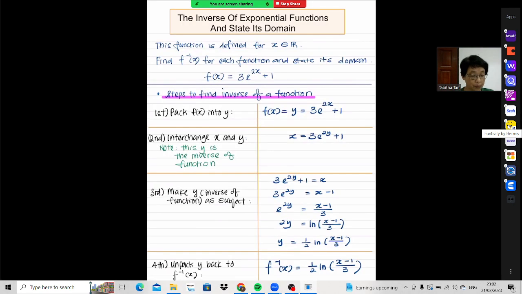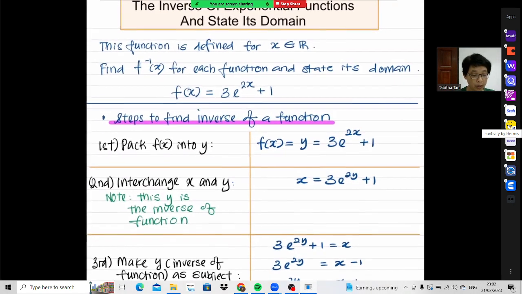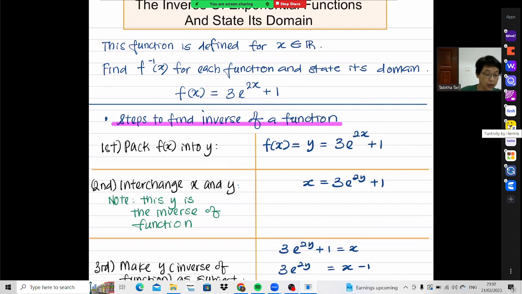Let's go. Okay, I've picked one example, and let's read the question. This function is defined for x, which is an element of the real numbers, and this function is given like this.